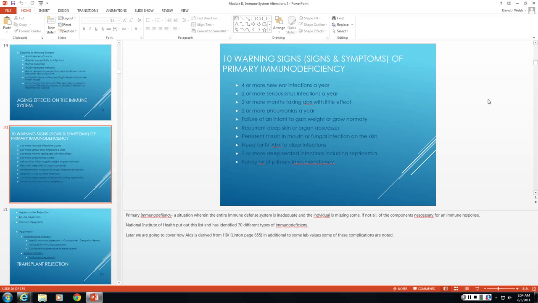If somebody has 4 or more new ear infections a year, if they have 2 or more serious sinus infections a year, if they have 2 or more months of taking antibiotics with little effect, 2 or more pneumonias a year, failure of an infant to gain weight or grow normally, recurrent deep skin or organ abscesses, persistent thrush in the mouth or fungal infection on the skin, the need for IV antibiotics to clear infections, 2 or more deep-seated infections including septicemia, or a family history of primary immunodeficiency.